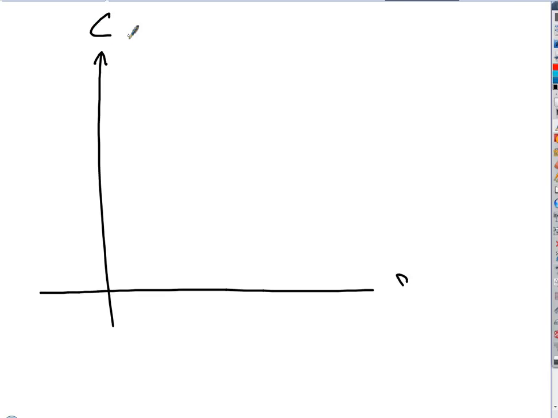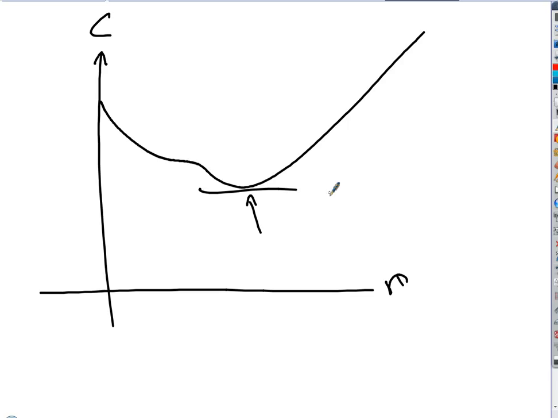If this is cost, and this is the radius of the can, we're going to get some function that maybe goes like that. And right there is the point that we want, where the slope is equal to what? Zero. That zero slope is going to correspond to a minimum value of cost, right? So knowing the slope is huge.